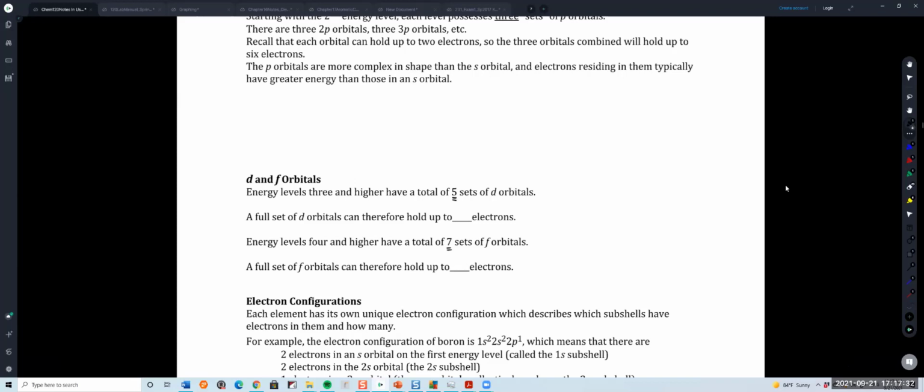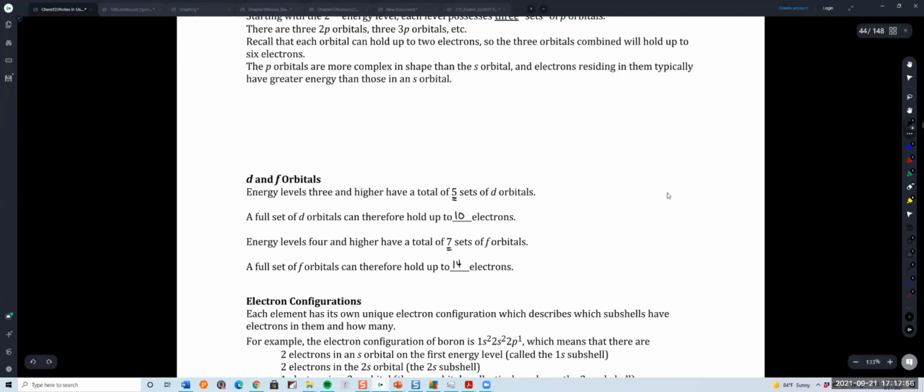And the shapes get ever more complicated. So how many electrons can we get into the d orbitals? If there's 5 of them, each orbital can hold 2. That means we can get up to 10 electrons. And then the f orbitals you can get up to 14. Good.